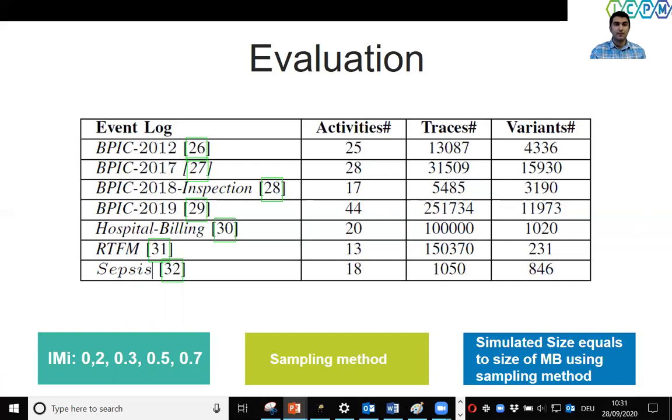We use the sampling method with 10% of variants. So we select the 10% most frequent variants and use alignment behavior to generate the model behavior. And when we generate it, we consider the same amount for simulating traces for our approach.